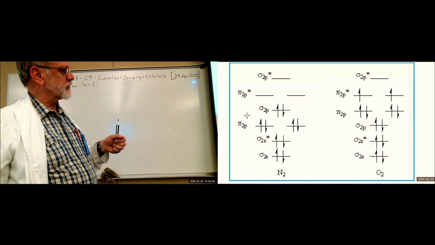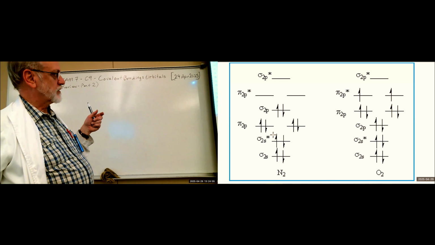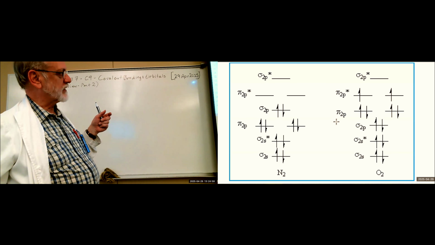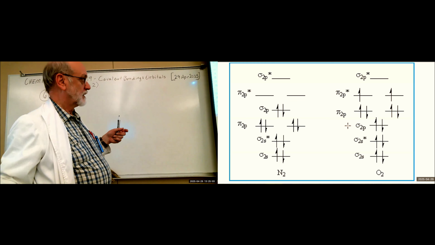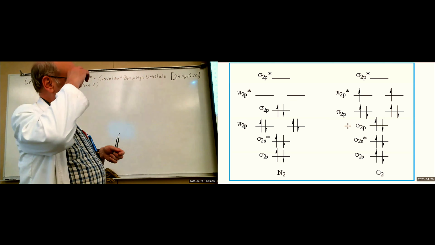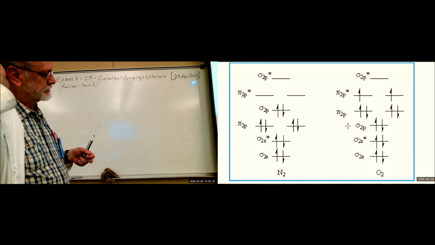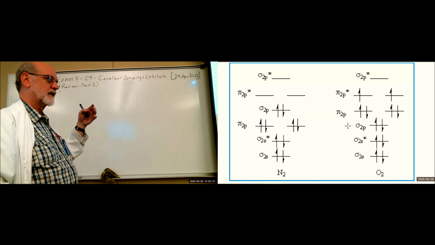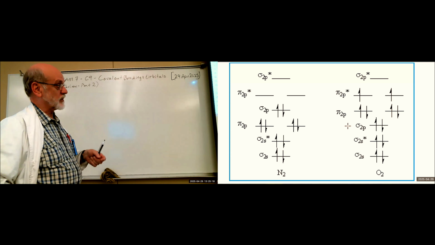Notice that the only difference between the two is nitrogen has mixing, so you have pi 2p first, and oxygen has no mixing, so sigma 2p is first. If you draw them like that, then you're safe. Then you count up the valence molecular orbitals, put in the valence electrons, and that gives you the structure.